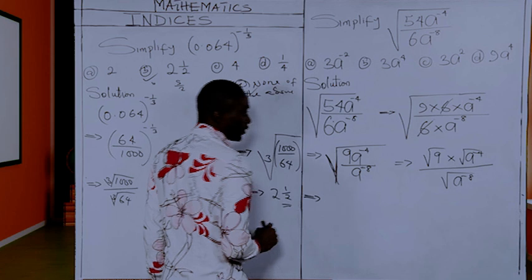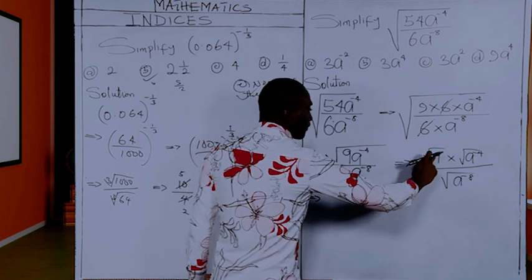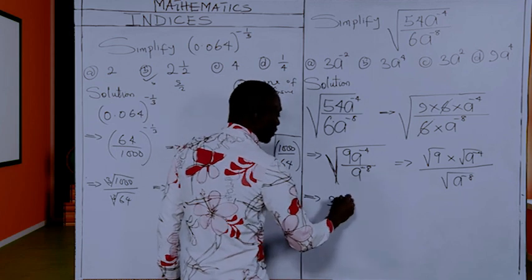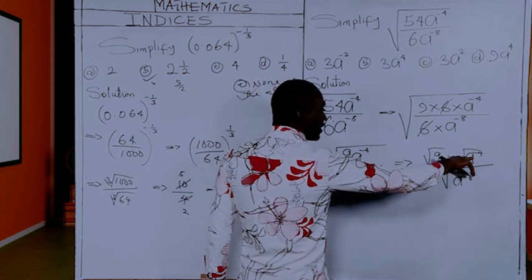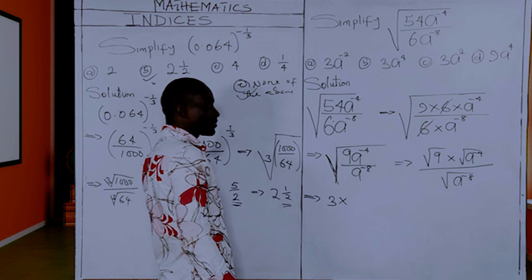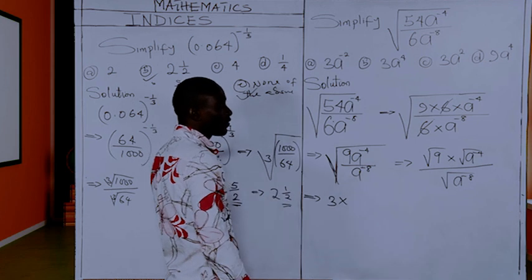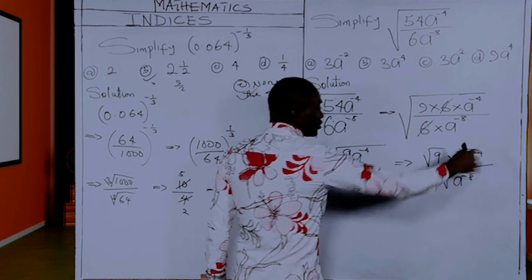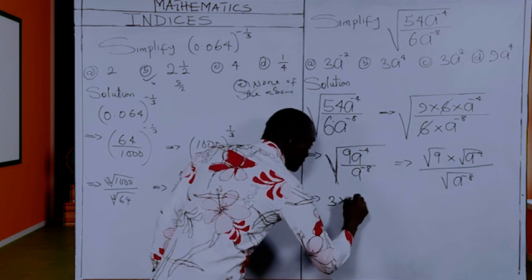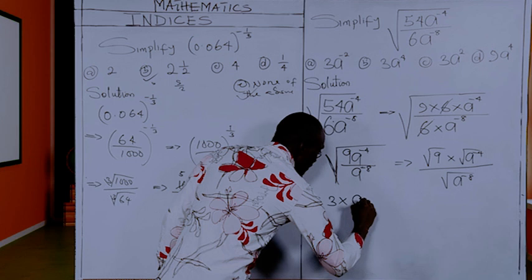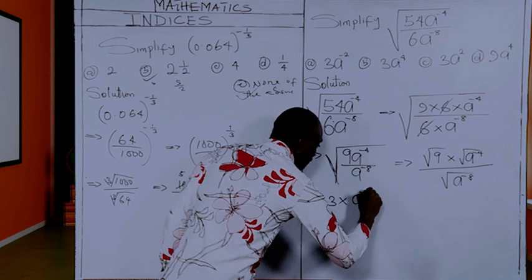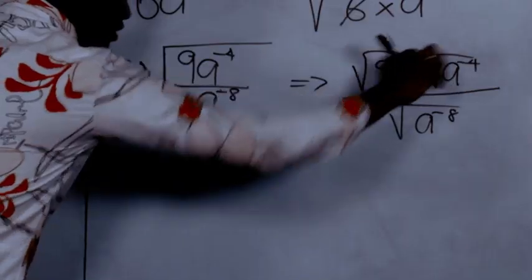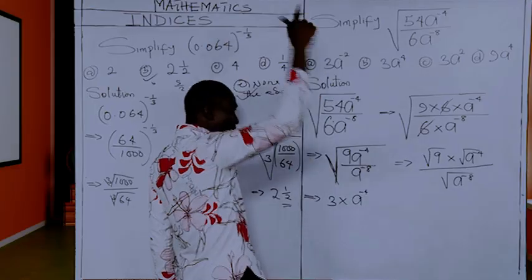And this will give us the square root of 9 is 3, multiplied by the square root of a raised to power minus 4. You ask me, how are we going to get the square root of minus 4? Let's convert this square root to indices. Converting to indices, a raised to power minus 4, this square root is 1 over 2 as power.